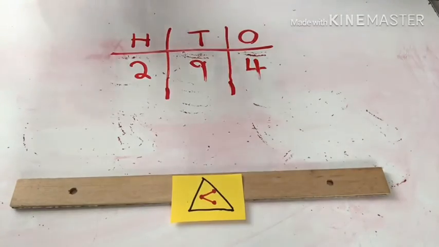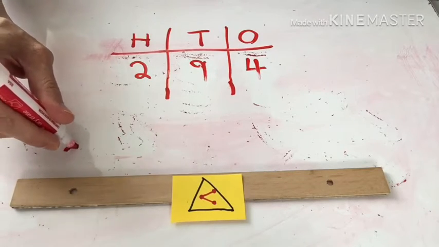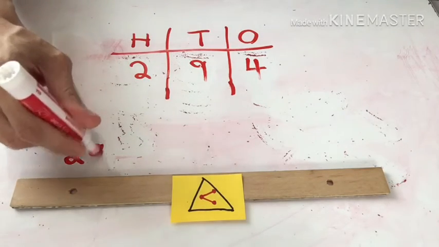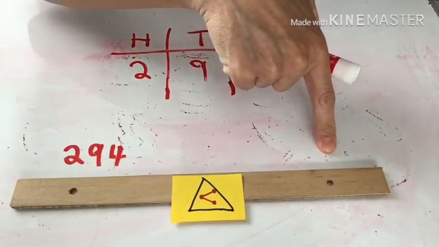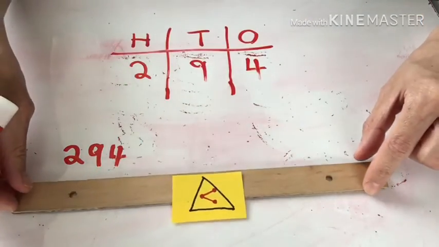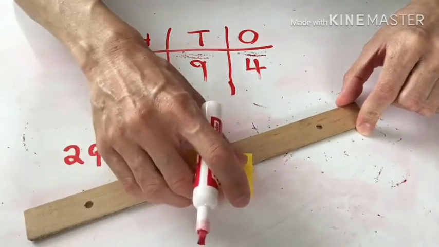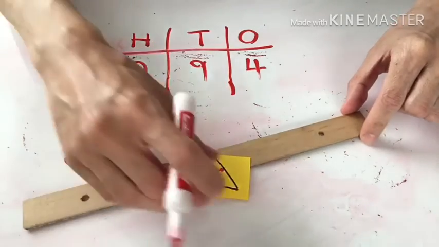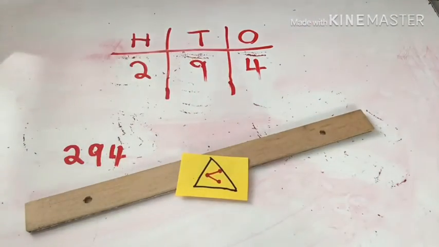So on the left, the first number is 294. So I'm going to put it on the seesaw, 294. So right now, because there's nothing on the right side, the 294 is going to be greater, heavier. But that's just because there's nothing on the right side. But let's continue reading.